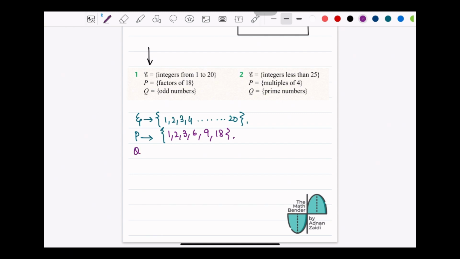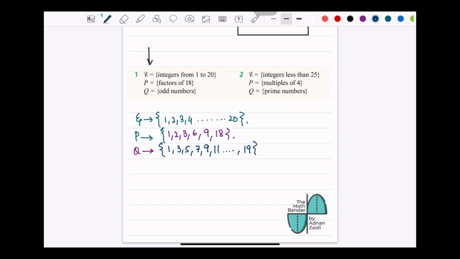Q is odd numbers. So Q is going to be 1, 3, 5, 7, 9, 11 until 19.